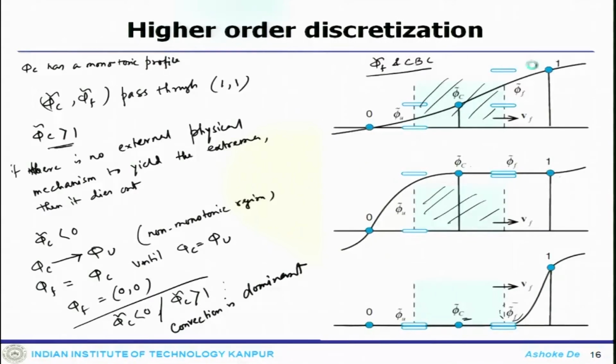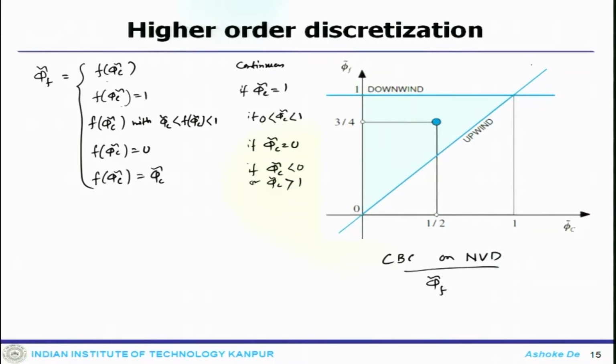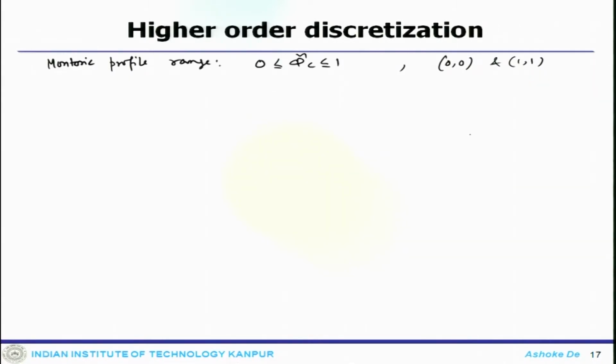Now, we can devise the high resolution scheme. The monotonic profile range is phi c tilde between 0 and 1, and it passes through 0, 0 and 1, 1, while the remainder is the upper triangular region in this particular picture on the NVD.